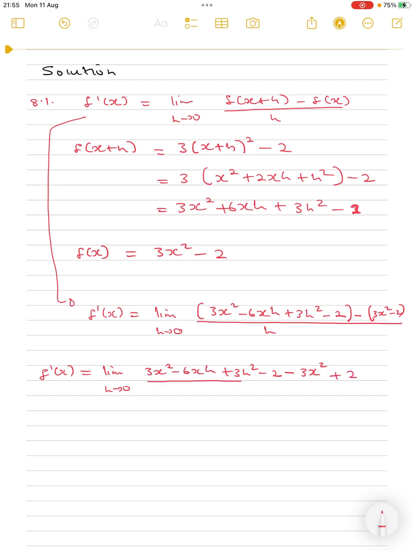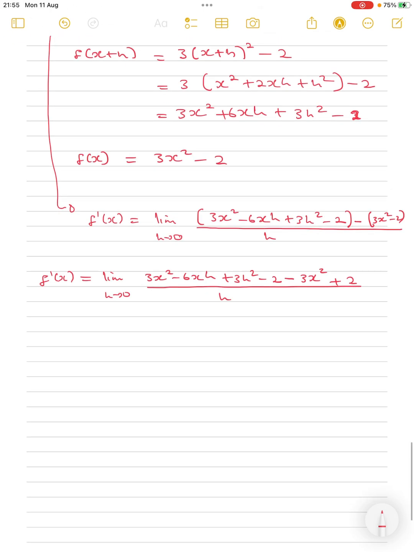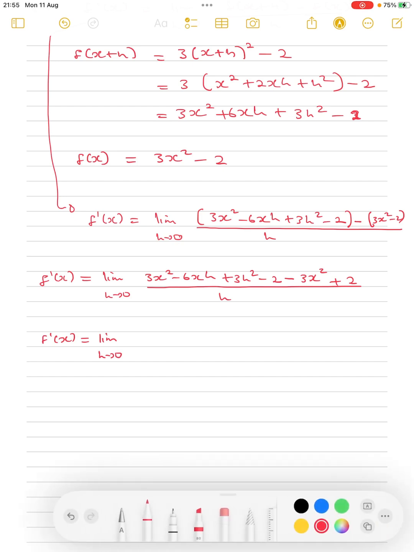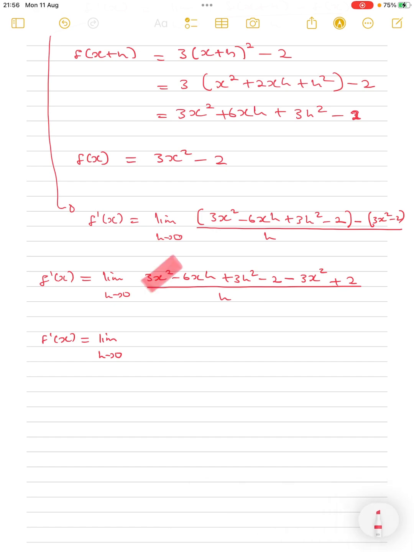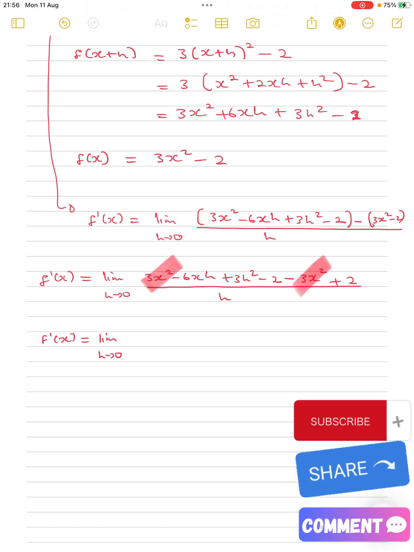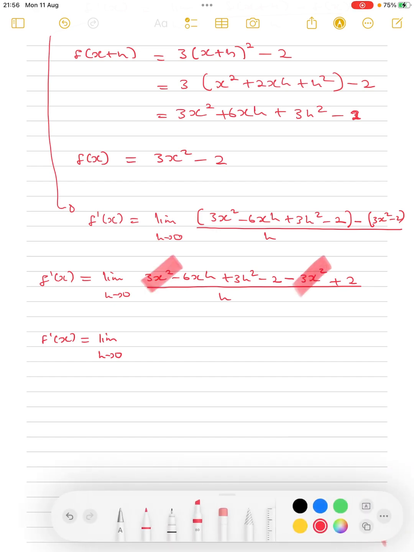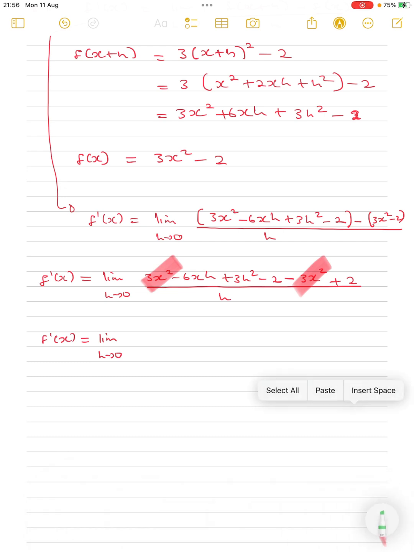Then you divide by h. Okay, then f prime of x will then be equal to the limit as h approaches 0. So look carefully now. This one and this one go off again. Minus 2 and 2 go off.